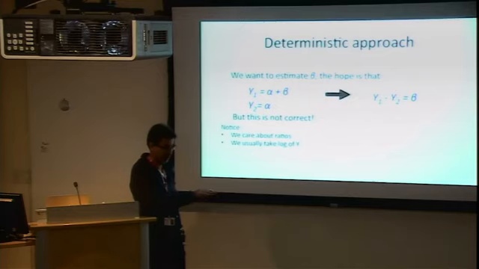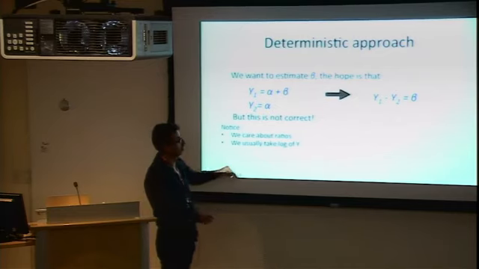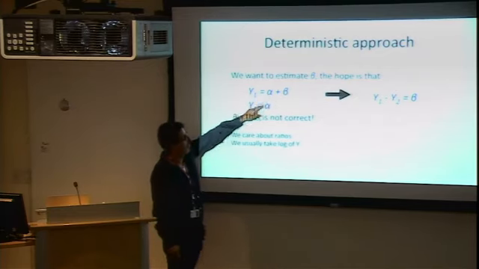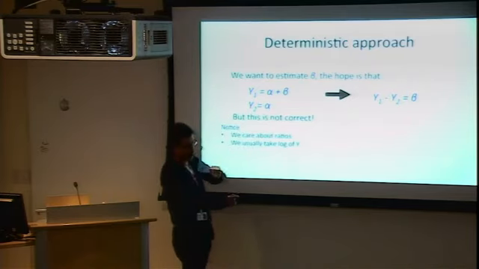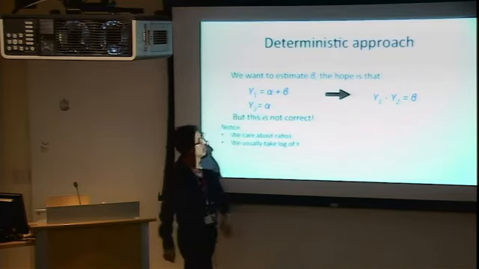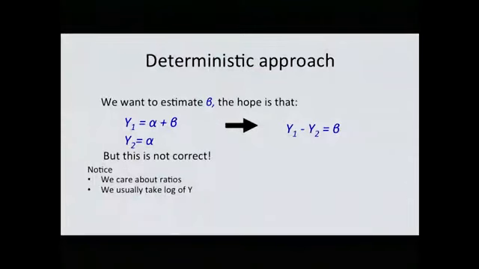They took half of their chip just to measure the background level. The hope was that once one of the probes measures the background, you subtract them, and you're ready to go because you now have what you want, which is the beta. Now, 2 things. We care about log ratio, so we're going to take the log of that eventually. We usually care about ratio, and we usually take the log.